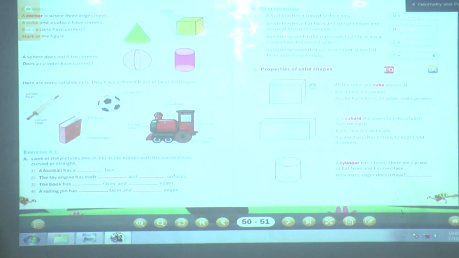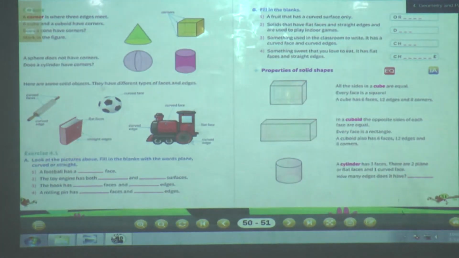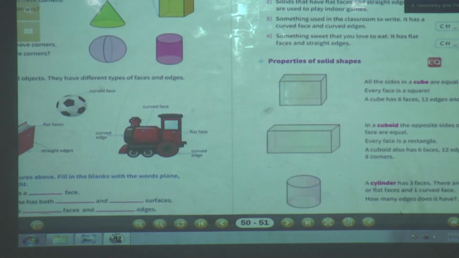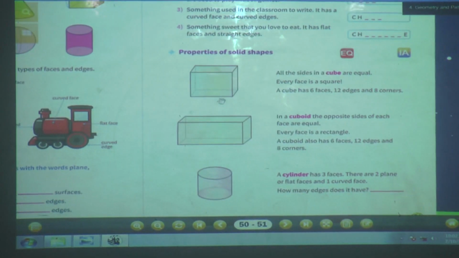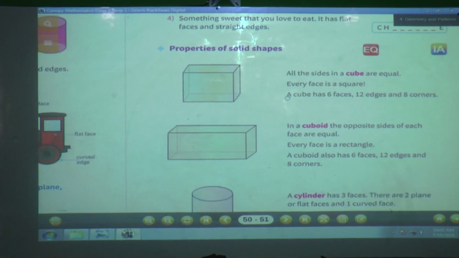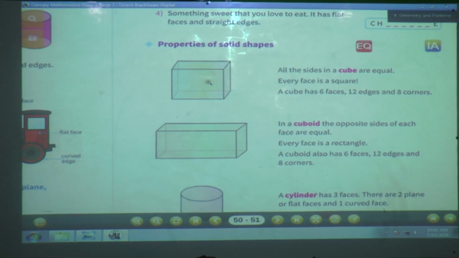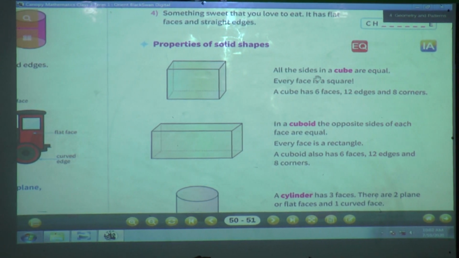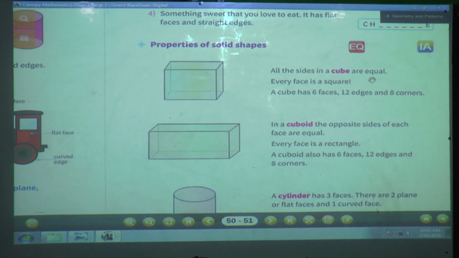The first is cube. We have seen the properties of cube in our last session. Can you see this cube? Okay. See, all the sides in a cube are equal.